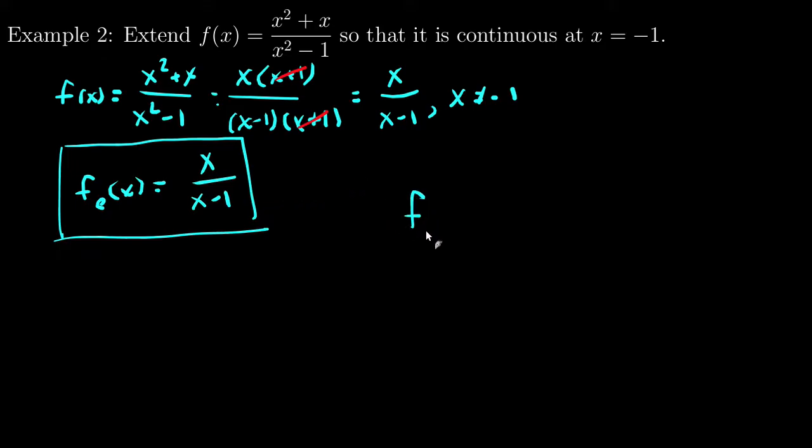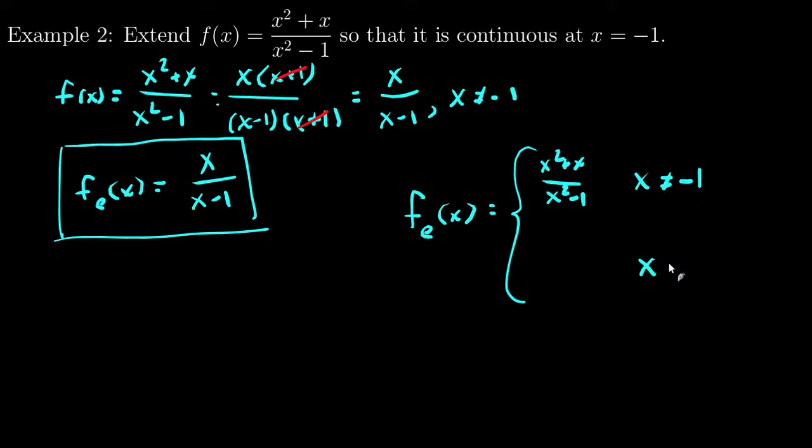Or I could also write it like this. I could say that it is equal to the original function, x squared plus x over x squared minus 1, so long as x is not equal to -1. And now I need to figure out what it equals at -1, where this hole is.